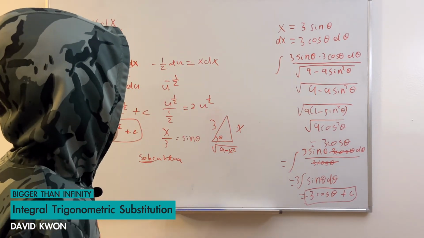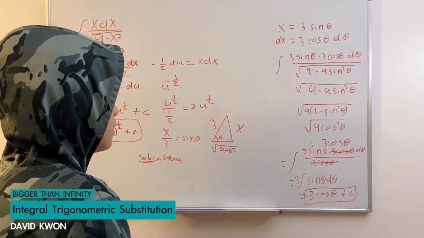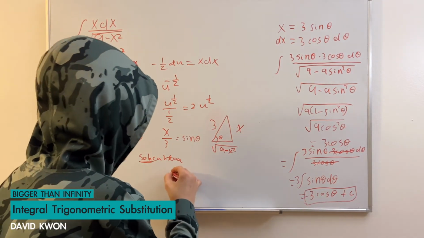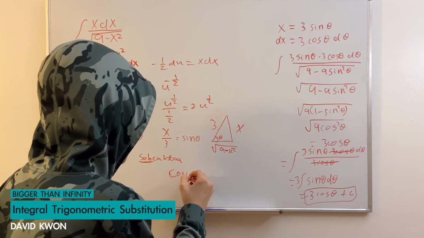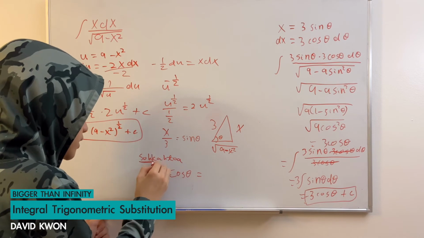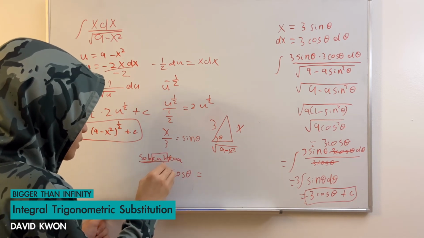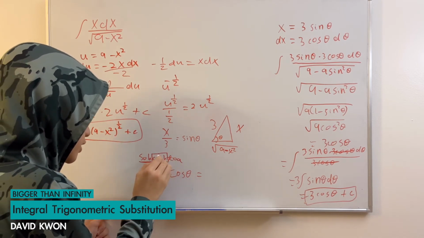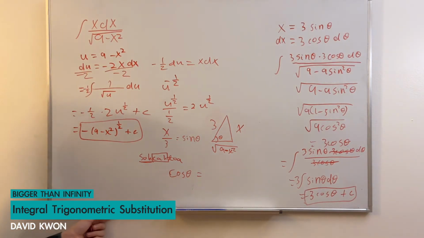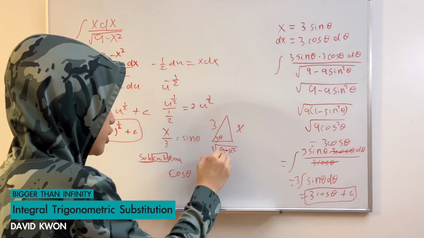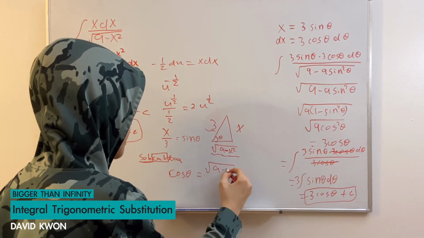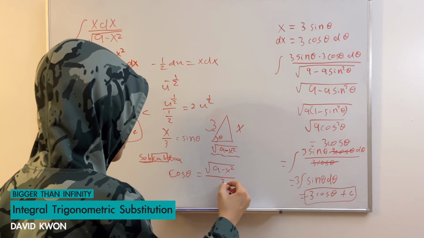Now we have cosine theta here, and we can still do that. From SOHCAHTOA again, cosine is adjacent over the hypotenuse, so we have the square root of 9 minus x squared all over 3.